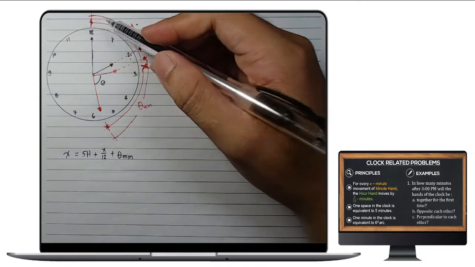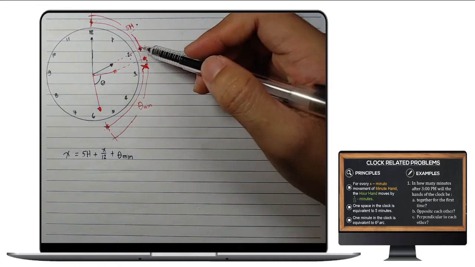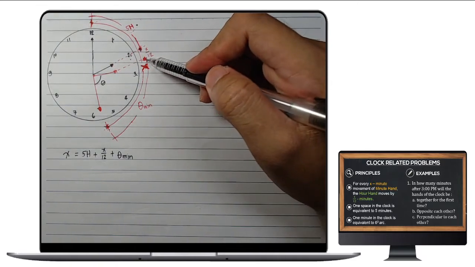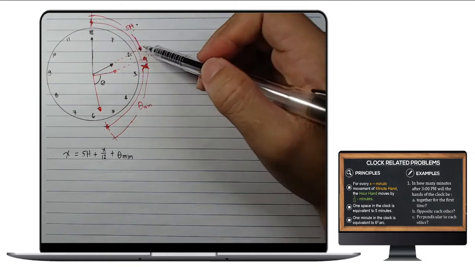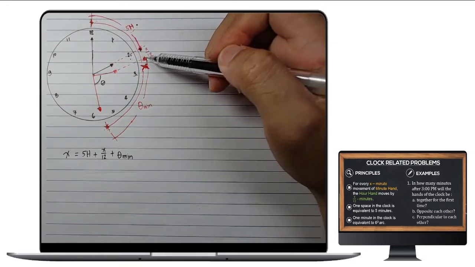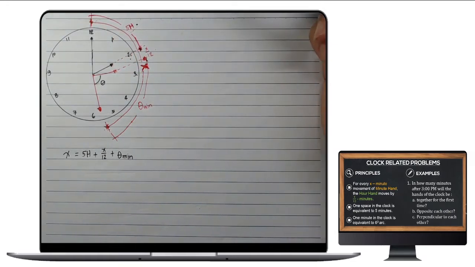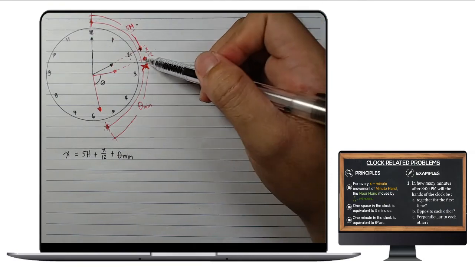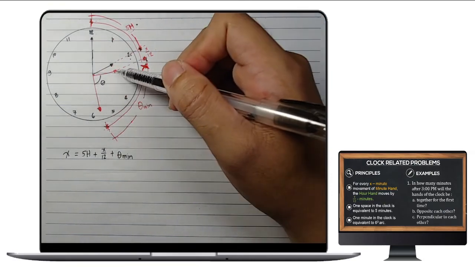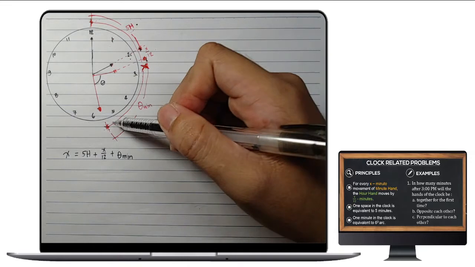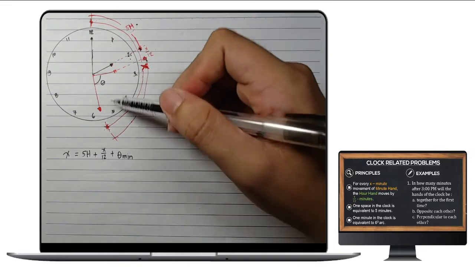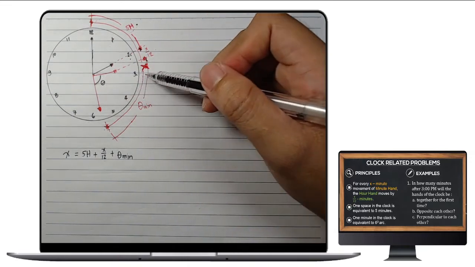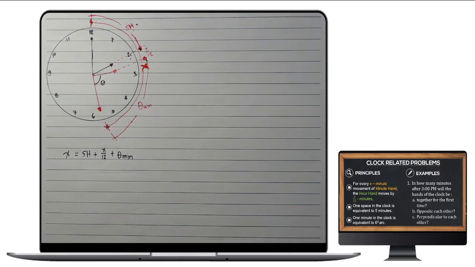Nakasabay, nung nag-move yung minute hand natin by x, yung R hand natin ay nag-move ng x over 12. So, from this point to this point is 5h. Then, from this point to this point is x over 12. Then, the distance between the R hand and the minute hand, so in-extend lang natin, this arc is equivalent to the theta here. So, yung unit na gamitin muna natin is in terms of minutes.